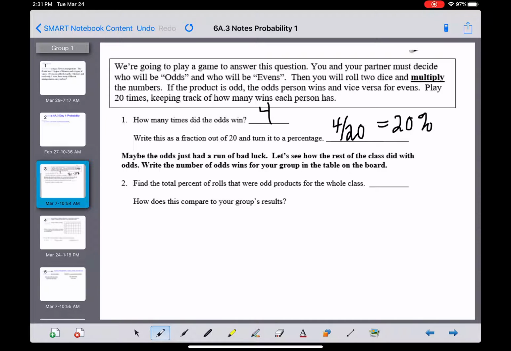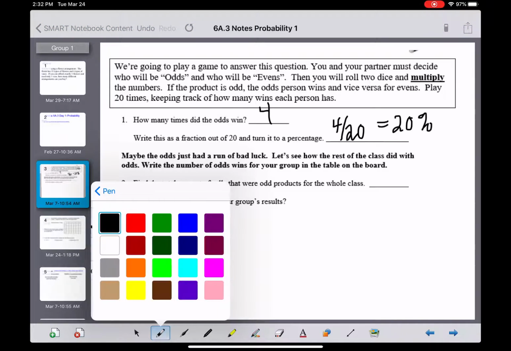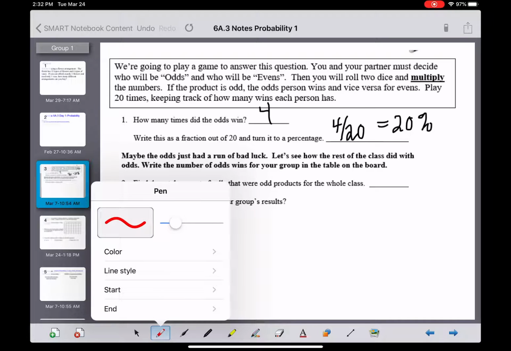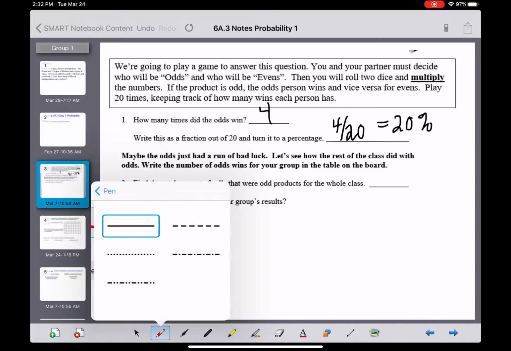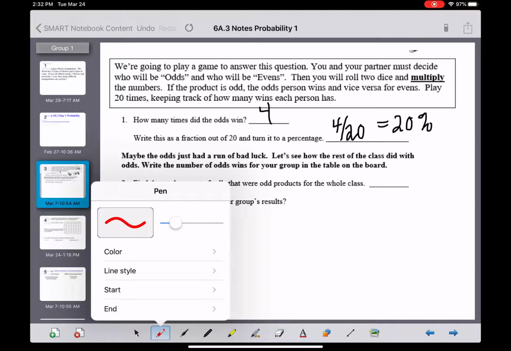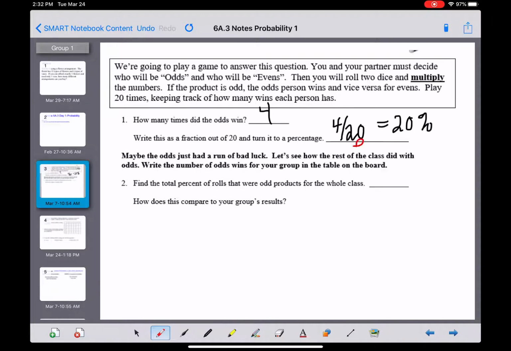This is called the experimental probability, because that's what actually happened when we ran the experiment. So we took 20 trials, 4 times the odds win.